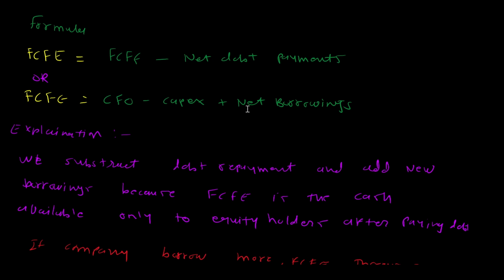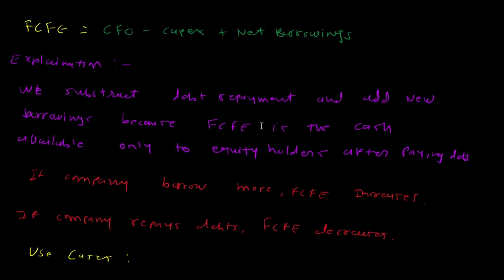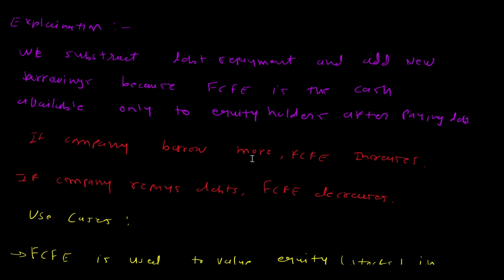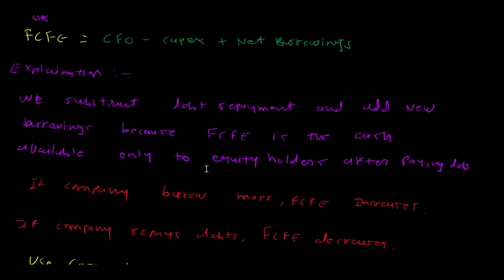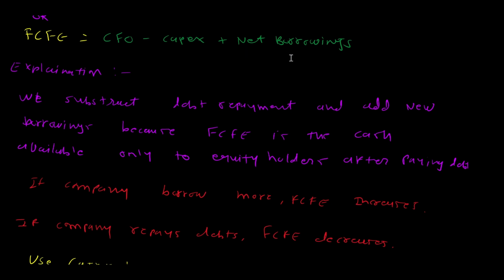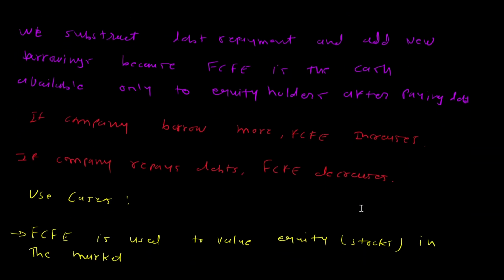If debt is paid, it should be minus, or if new debt is taken, it should be added. So if a company borrows more, FCFE will increase, and if it pays, it will decrease the FCFE.